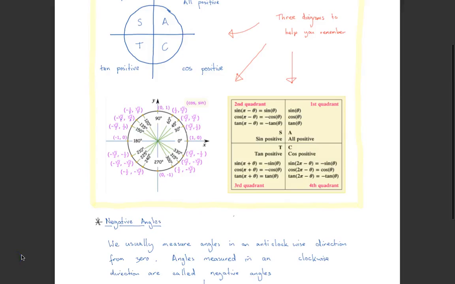So far we've got a set of rules that help us to consider angles that are relative to the x-axis. So we've got pi minus theta, pi plus theta, theta, and 2 pi minus theta.